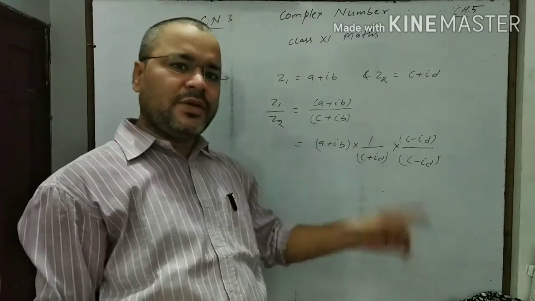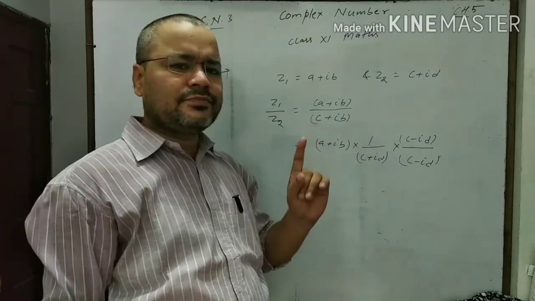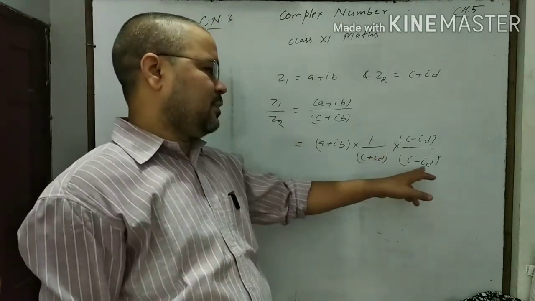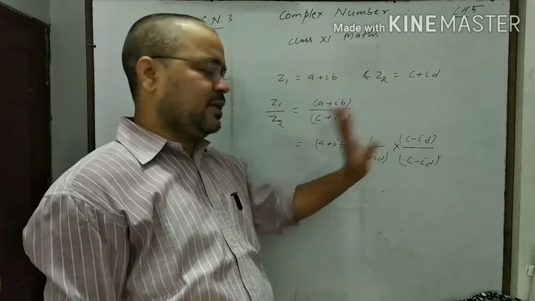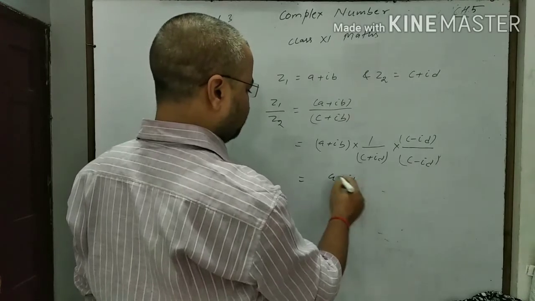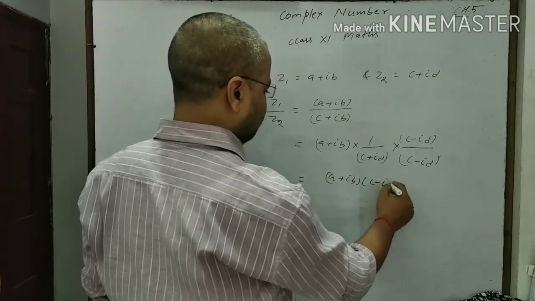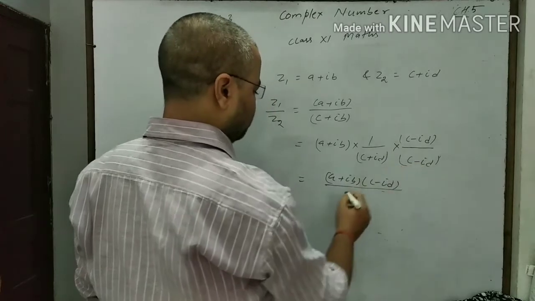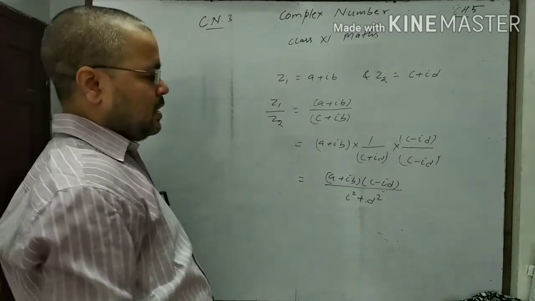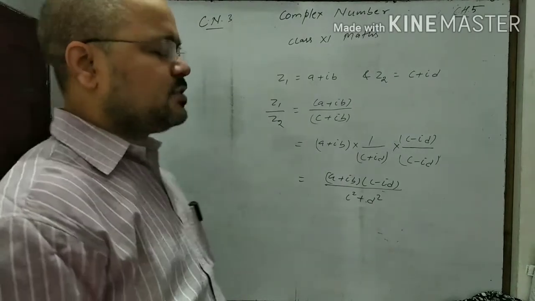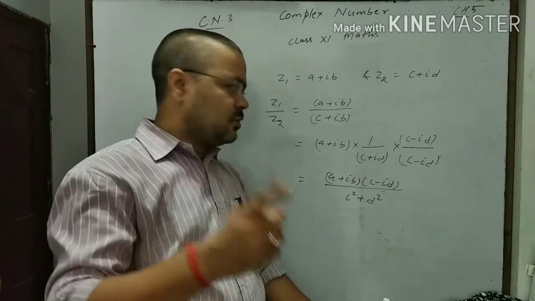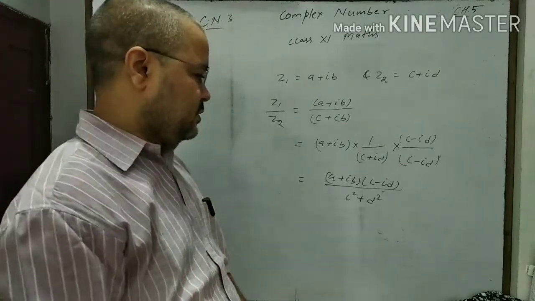We want to put the denominator in the form of a real number, and finally we want to remove i from here. Therefore we are doing like this. Now the numerator will be in this form, (a plus ib)(c minus id), and the denominator c square plus d square. Already we have discussed c plus id times c minus id will be c square minus i square d square. Square of i will be minus 1, and that is d square, then it will be plus.